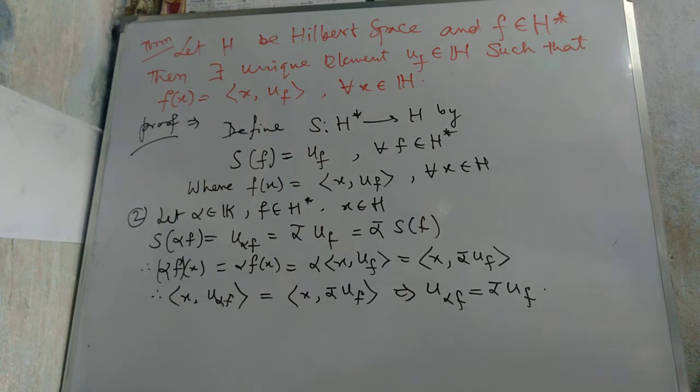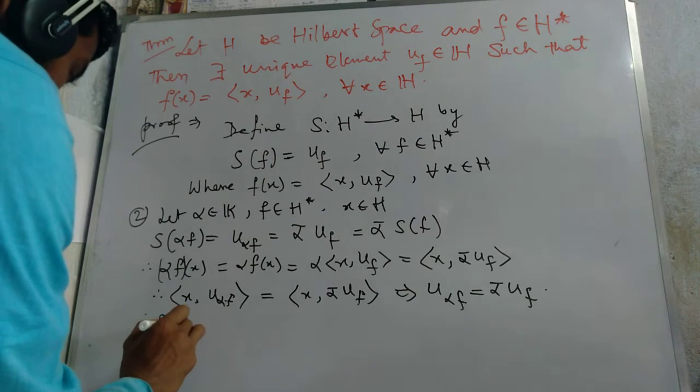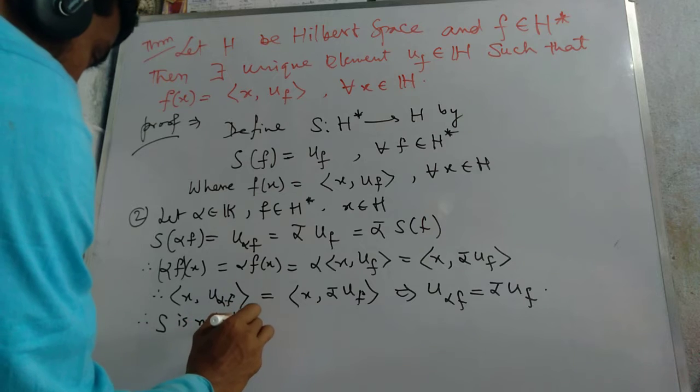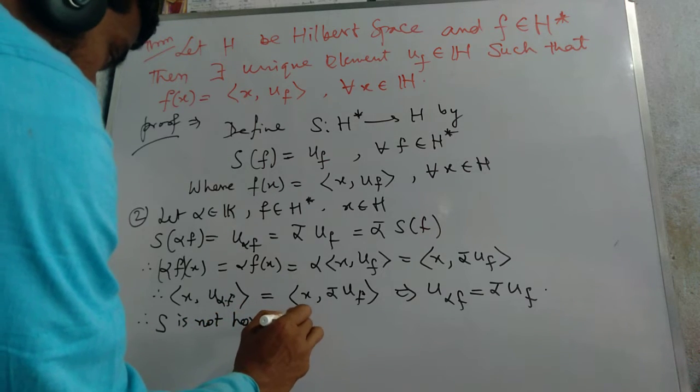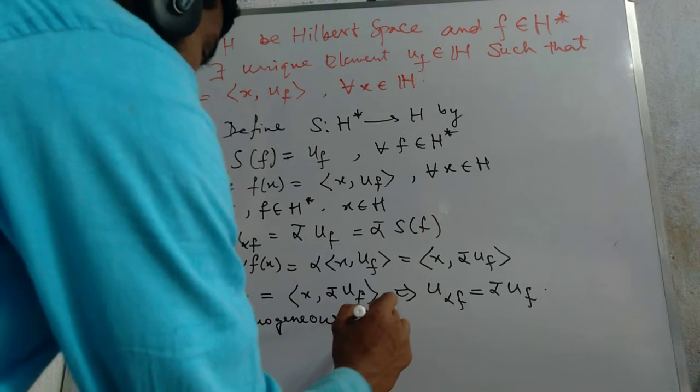So S is not homogeneous. We write here S is not homogeneous. Now S is a conjugate linear operator. Okay, now we are done with this.